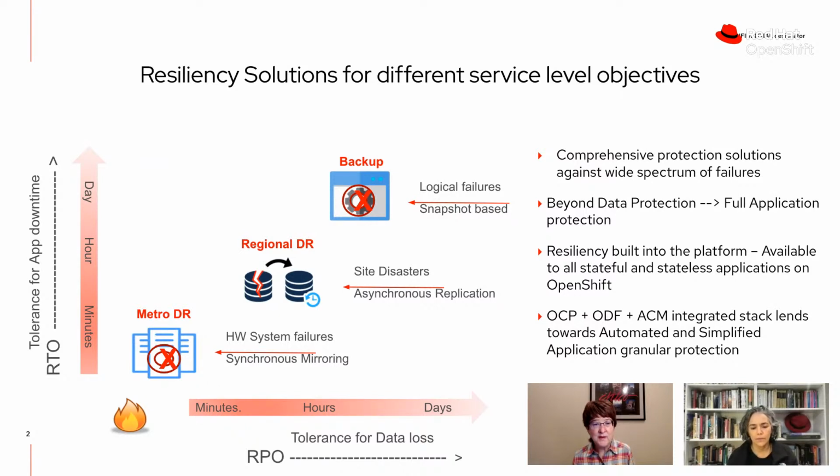Recovery point objective is your tolerance for data loss. Like I said, with the asynchronous situation, I could be doing snapshots every 5 minutes. If I had an outage, my last snapshot could be used, but it might be missing up to 5 minutes of data. That would be my recovery point objective. So how much data am I willing to lose? Basically it's a design goal, right?